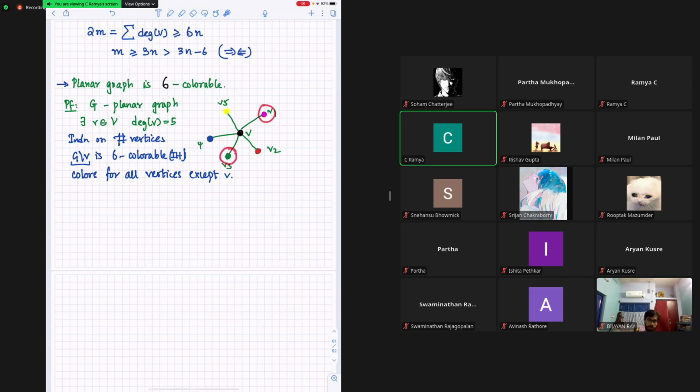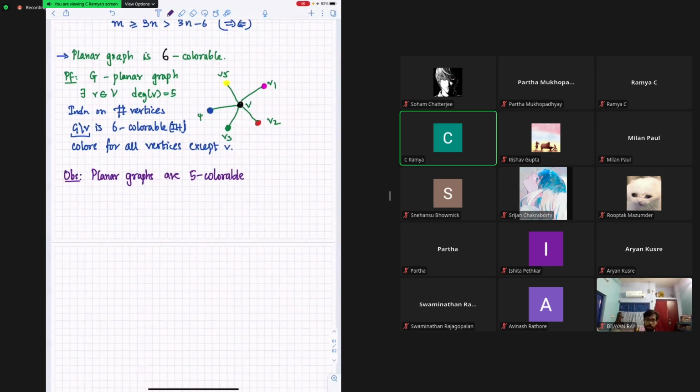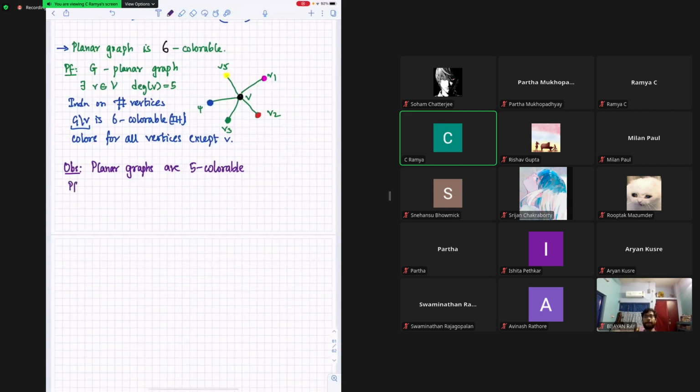So maybe you can do better than just 6 colors. That's the next observation: that planar graphs are 5 colorable. Let's do a proof of this. This is an induction on the number of vertices.